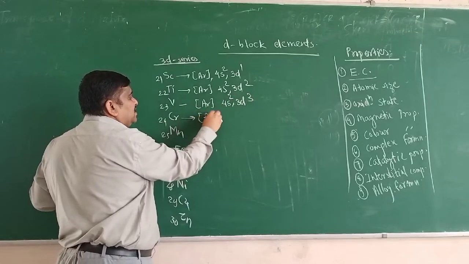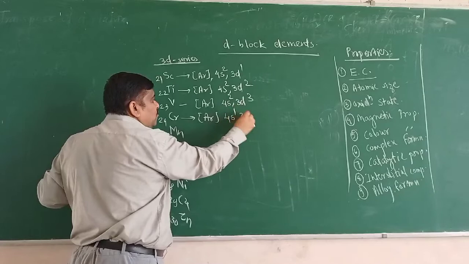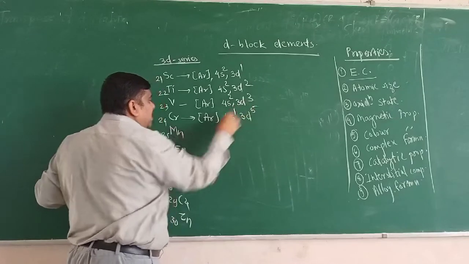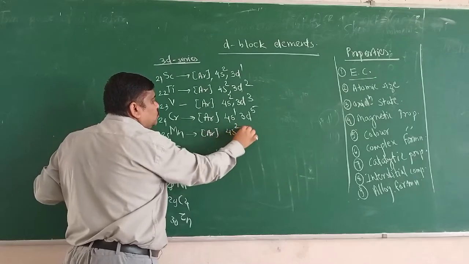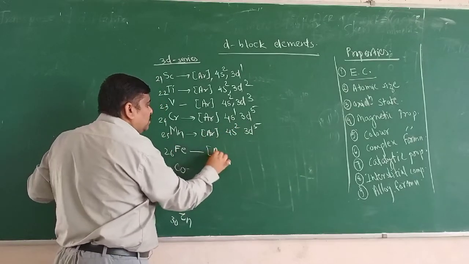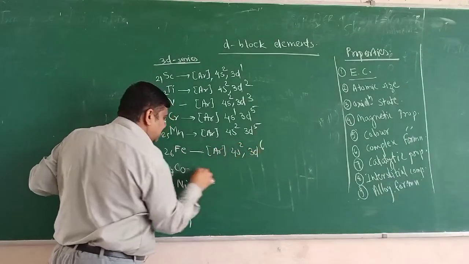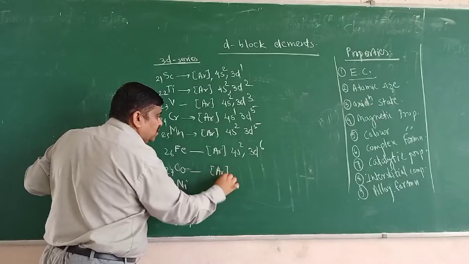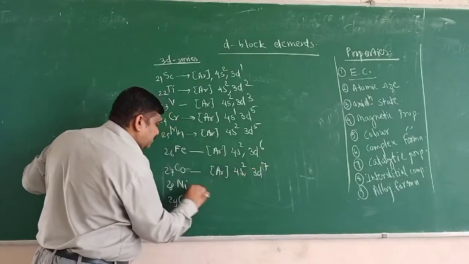Here chromium is an exceptional case, we will discuss it later: it is not 4s2, 3d4, it is 4s1, 3d5. Manganese is argon 4s2, 3d5. Then iron is argon 4s2, 3d6. Cobalt is argon 4s2, 3d7.